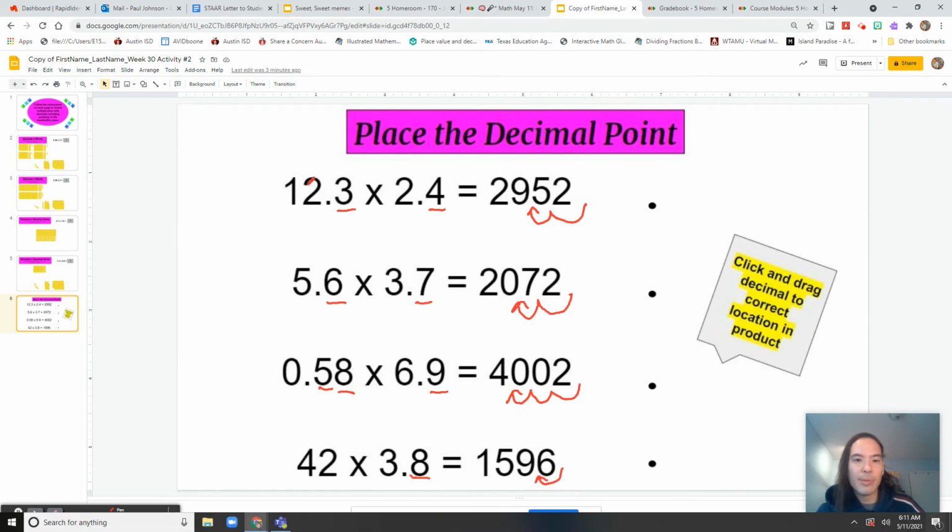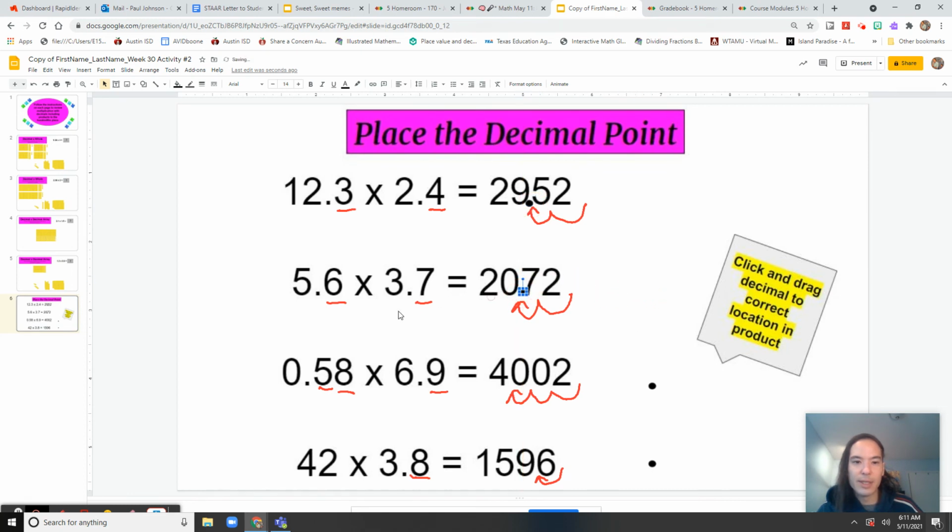Also you've got to think about if this is reasonable. Is 12 times 2 going to be around 24? Is 5 times 3 going to be around 15? You can tell once you place that decimal point, if you put it in the wrong place, the answer just isn't going to make much sense.